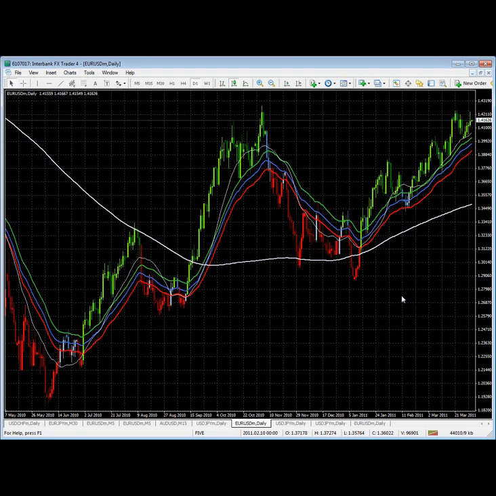Then I might have a second setting that says it's either a pip or a percentage that says we must make, for example, higher highs or higher lows by a certain amount of pips or percentage.